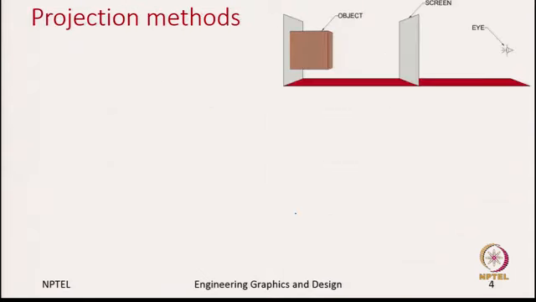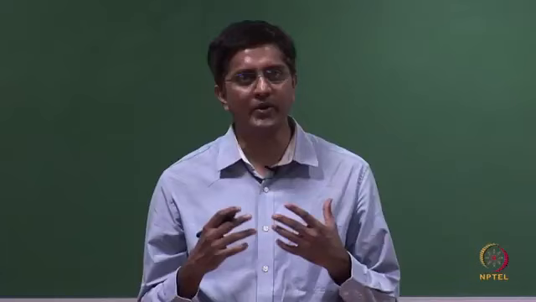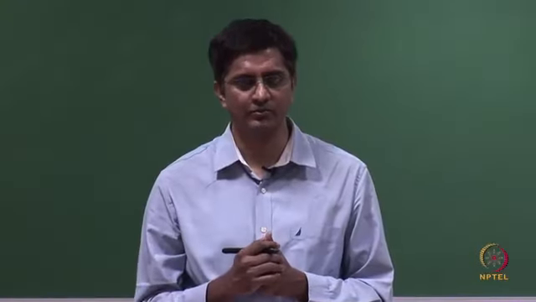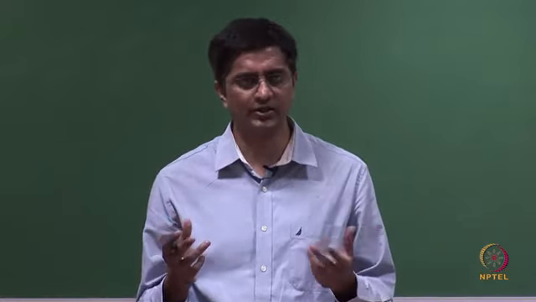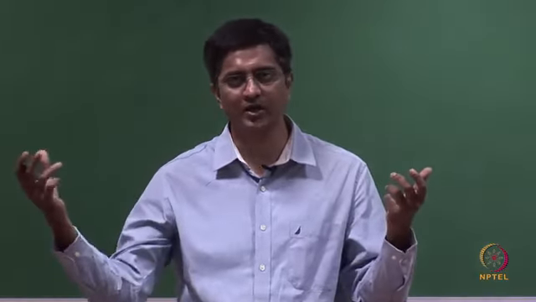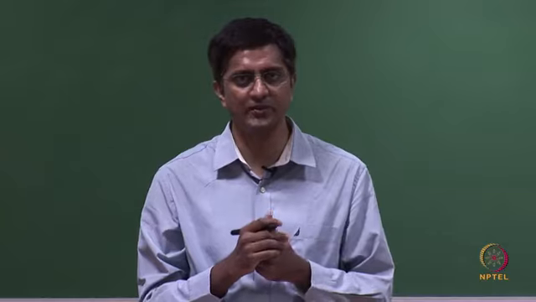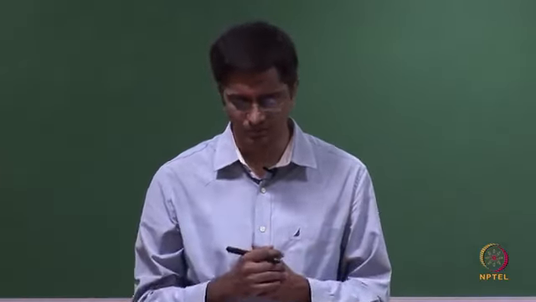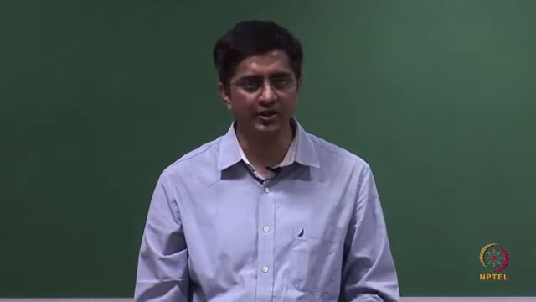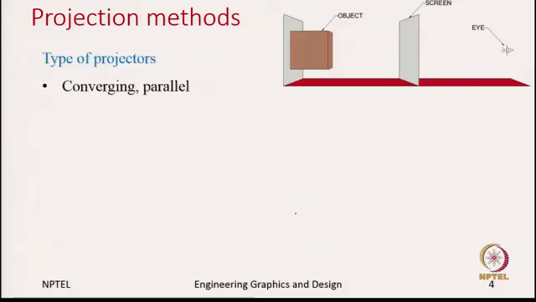Let us see what are the different possibilities we have. Though at first look it seems that we have only 3 things, the object, the eye or the observer, and the imaginary plane, there are numerous combinations we can think of. So, let us look at 3 different categories one at a time, starting with type of projectors.